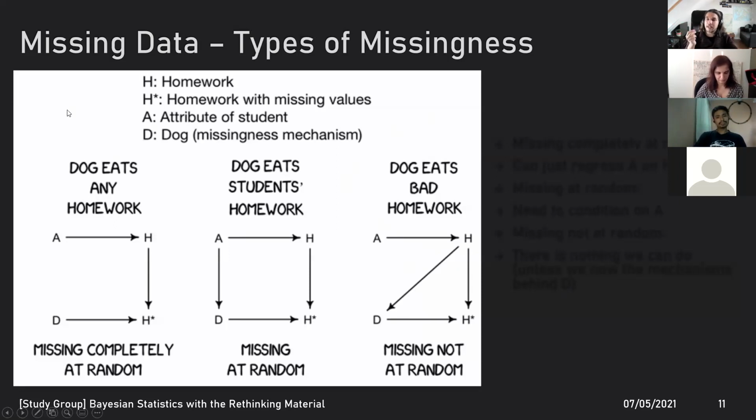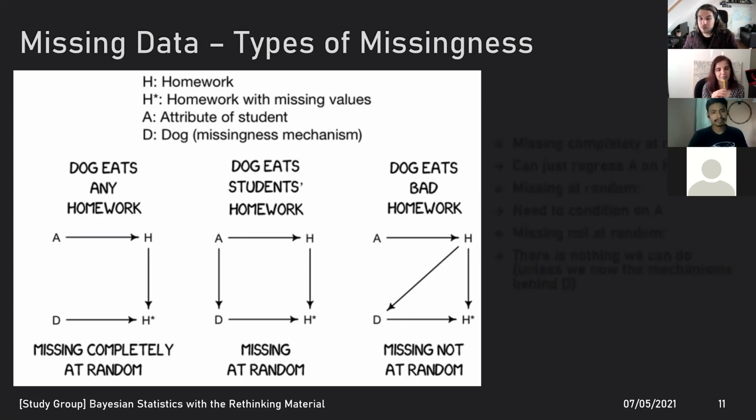So just to explain how data can go missing and what that means for our models, we should talk about the types of missingness, or the types of missing data. And these are, to quickly summarize, missing completely at random, which is MCAR, missing at random, which is MAR, and missing not at random, which is MNAR. Rolls off the tongue now.